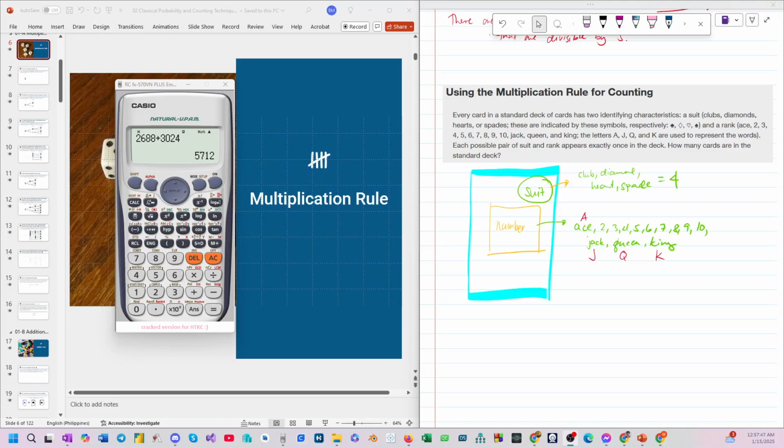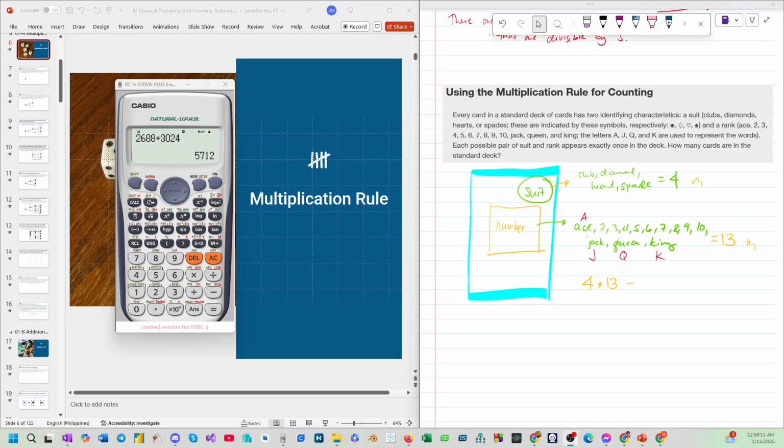So, how many cards do we have? So, ito ay total of, ilan to? 13. So, you have this one as 13. So, in total, we have 4 times 13. Kasi ito yung magiging N1 mo, ito yung magiging N2 mo. Correct?